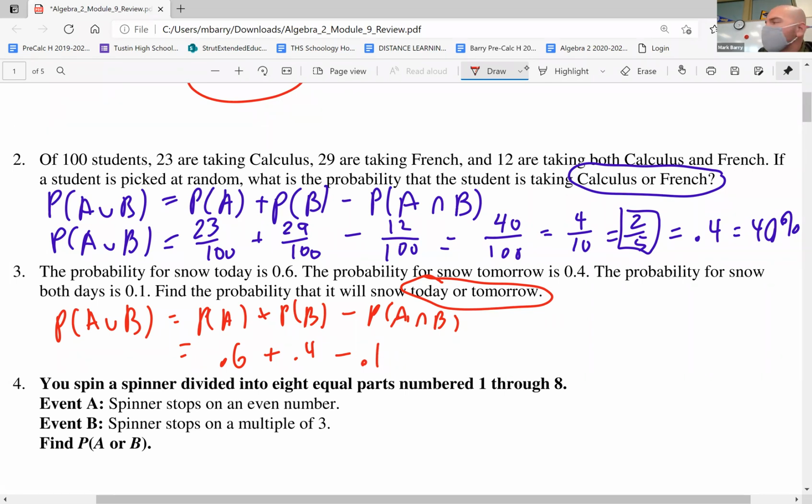Probability of both is 0.1. And so that gives me a probability of 0.9, which is equal to 90%. Looking at the answer sheet, they left it as a decimal. They left it as 0.9, which is fine.